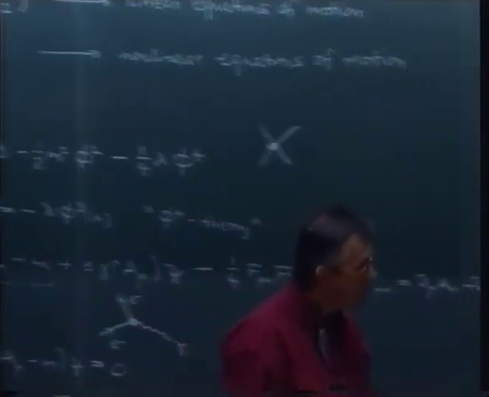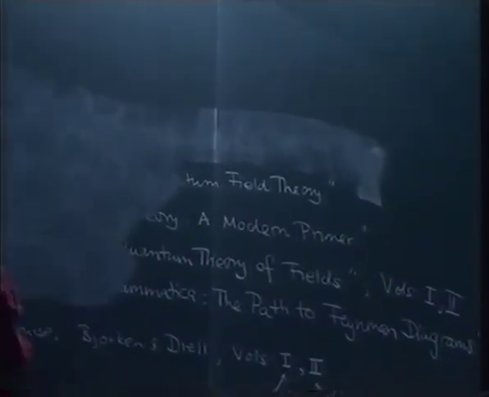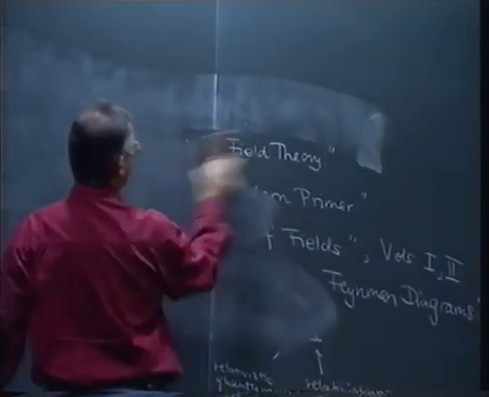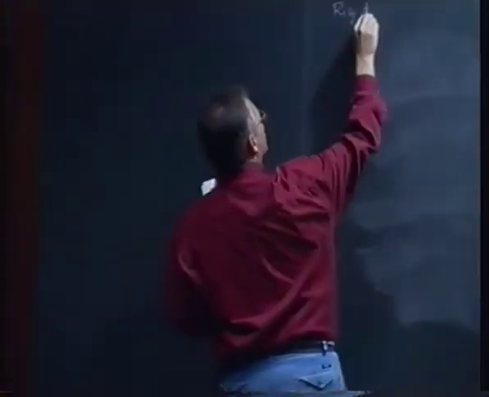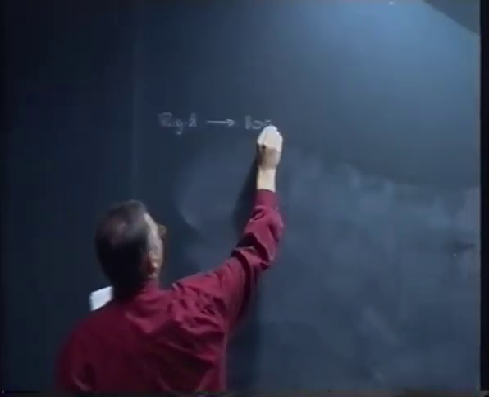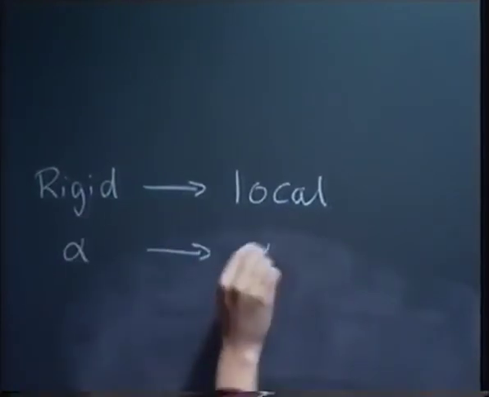Now, the next step. I said these are rigid symmetries, and we now want to see what happens if we introduce local symmetries. So how do you make the transition from rigid to local? That means that we take alpha now to allow for an x dependence.